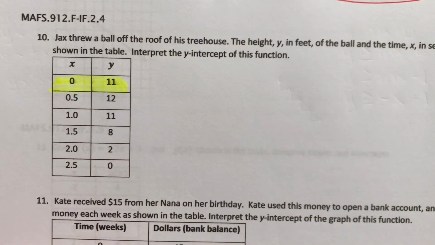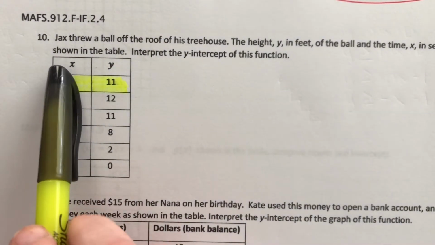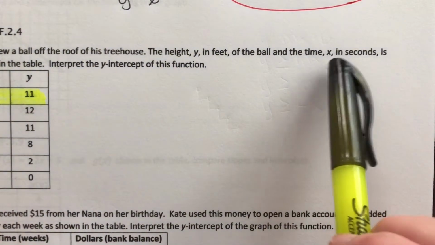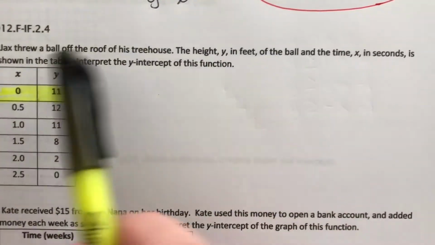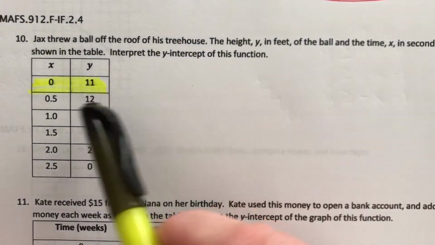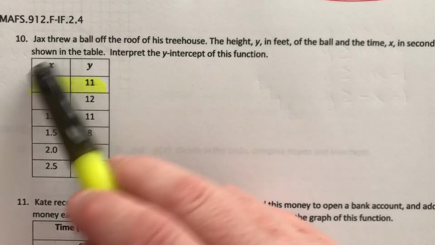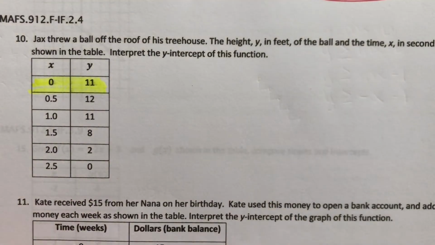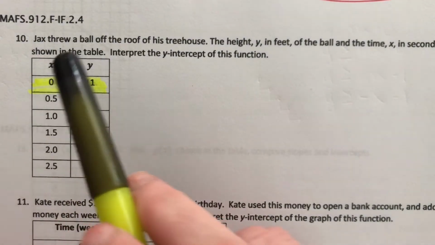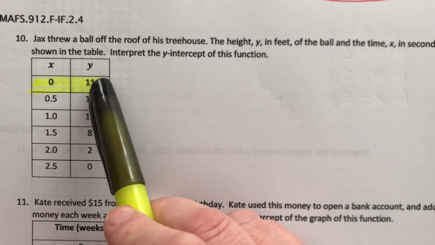Okay, and also we know that x is time. It's how many seconds it takes for the ball as it's moving, right? So when it's moved 0 amount, the ball hasn't even started going yet. Nobody started the clock. It's been 0 seconds. The ball's already 11 feet in the air, right?